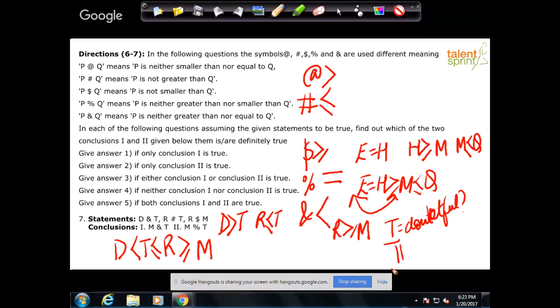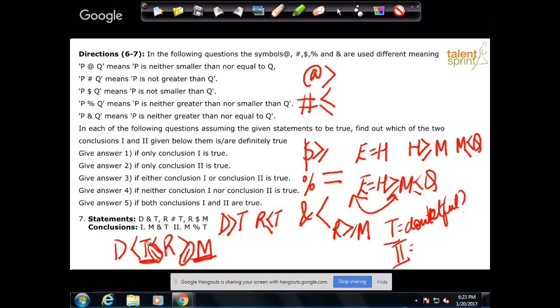If we look at what conclusion 2 says, M % T, meaning M is equal to T, that again is a possibility, because we do not know the relationship between M and T, because R actually lies in the middle and there is an equal to sign here in both the cases.